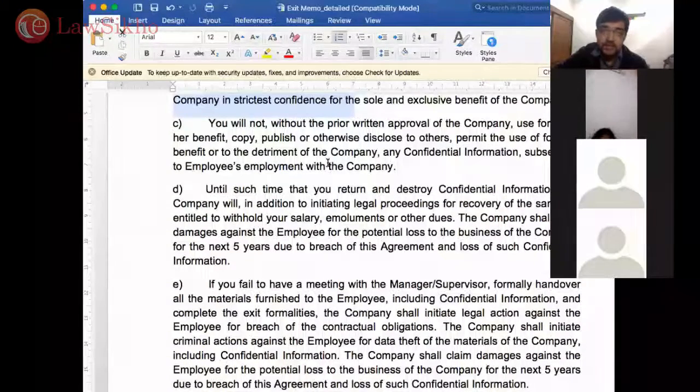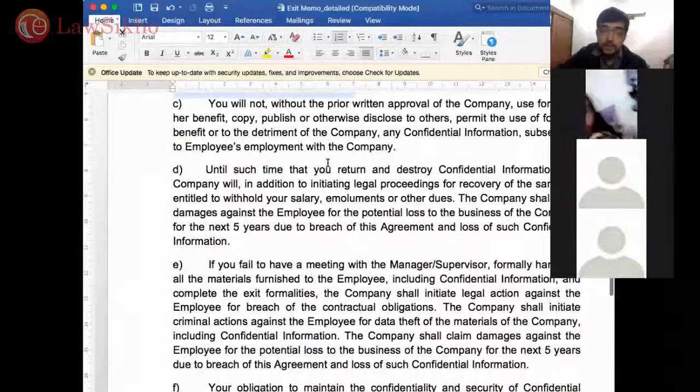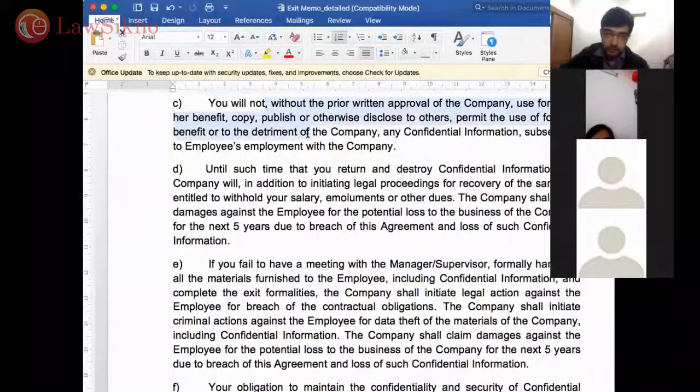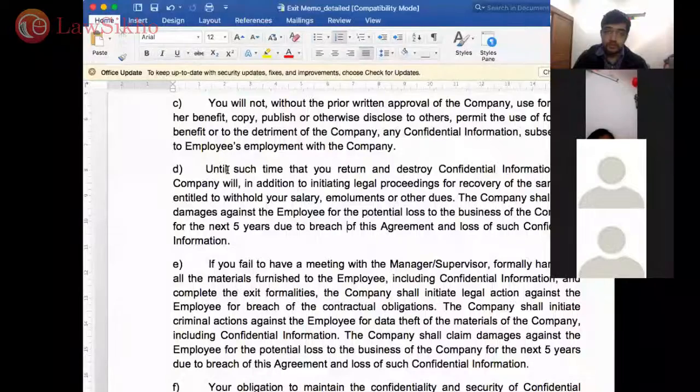If you want to grant exceptions, the best way to grant an exception is to take the prior consent of the company. That's the best way to do it. You will not, without the prior written approval, use for your benefit or disclose to others any confidential information. Until such time you return and destroy confidential information, the company will be entitled to withhold your salary, emoluments, or other dues.